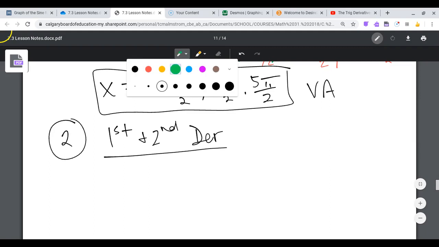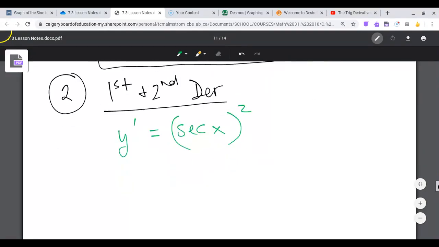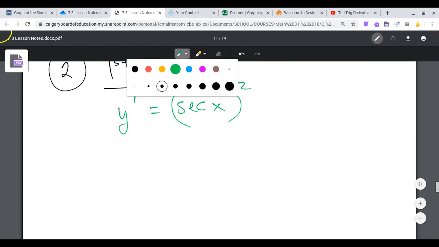All right, so the first derivative would be the derivative of tan, which is secant squared, and I'm going to purposely write it like this because I need the second derivative, and I like to see it like that when I do my chain.